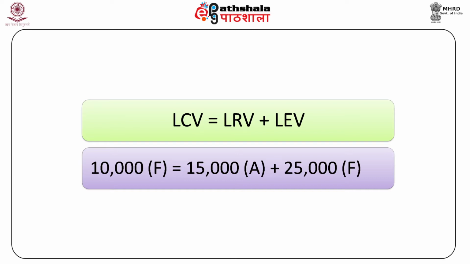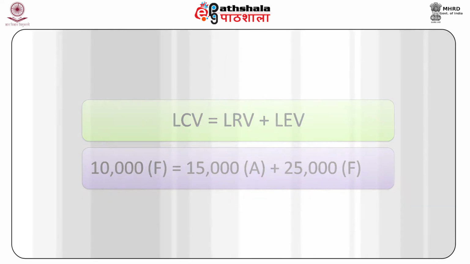Based on the figures we have got from the question, 10,000 favorable is equal to 15,000 adverse plus 20,000 favorable, that equals 10,000.